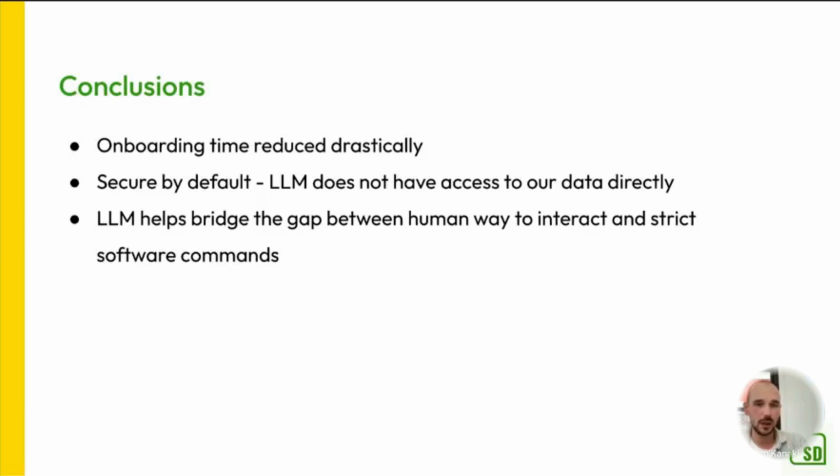So the input is the user's description of the filter, and then the job of the model is to understand how to convert it to actual filters that our software understands. So basically it bridges, like the last bullet point in this slide, the gap between the human way to interact and strict software commands.